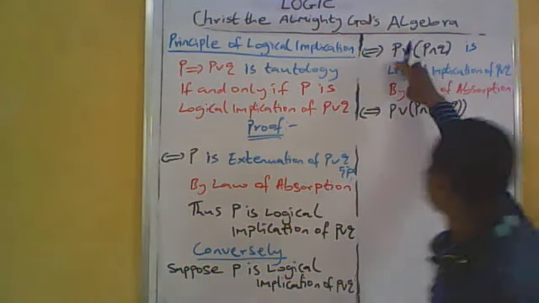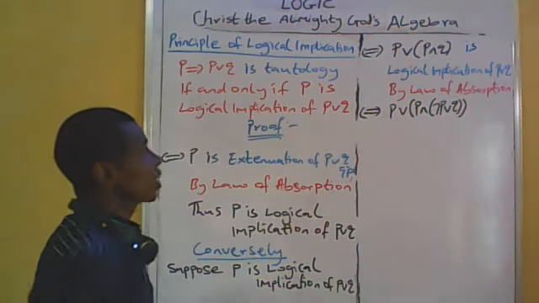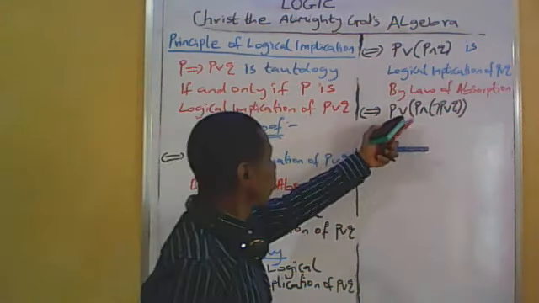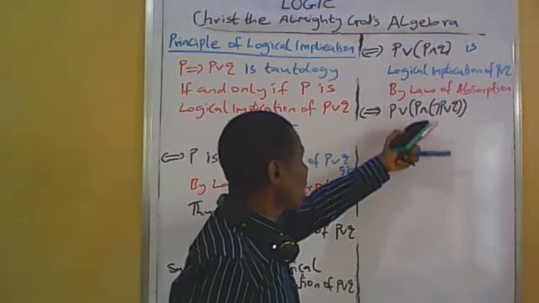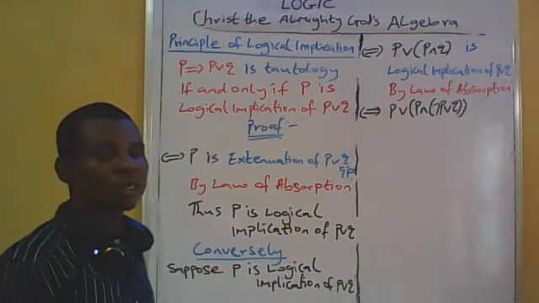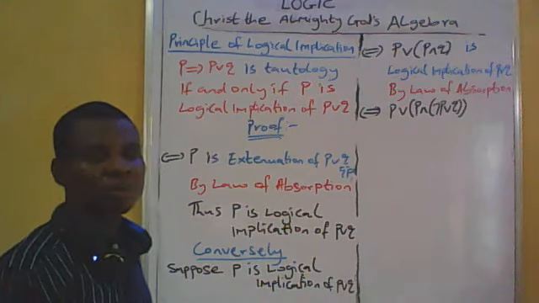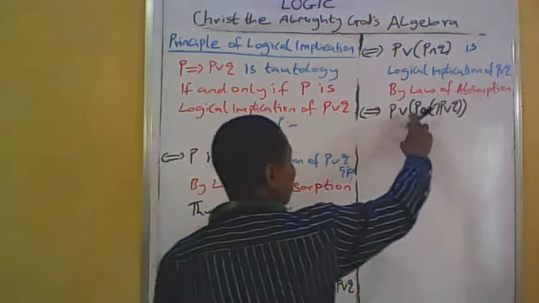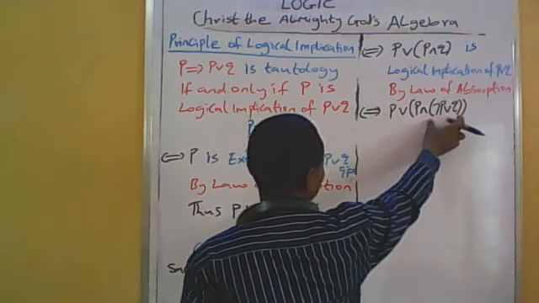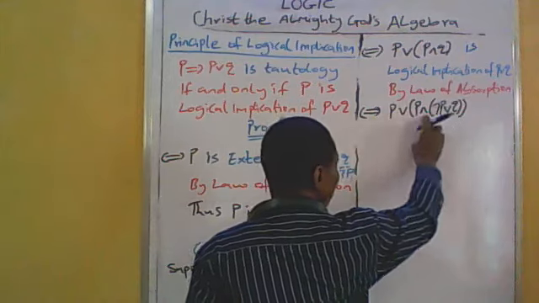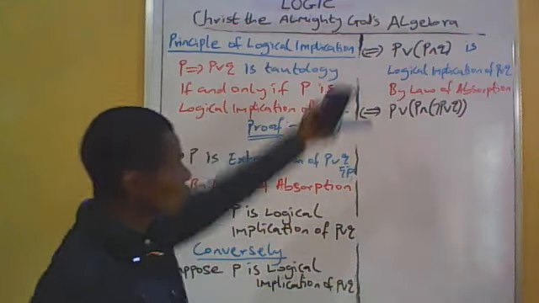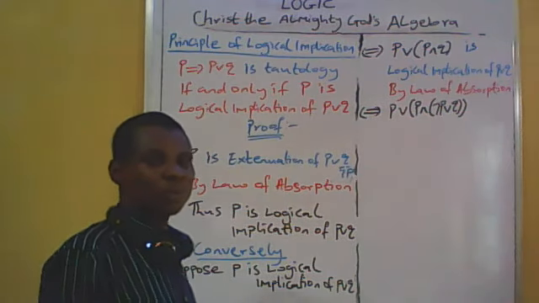Now this P and (P or Q) is being substituted with this P or (P and (not P or Q)) by the second Hess's law, because this P and (not P or Q) is equal to P and Q. So it's equal to P and Q or P. So it's equivalent to P or (P and Q).